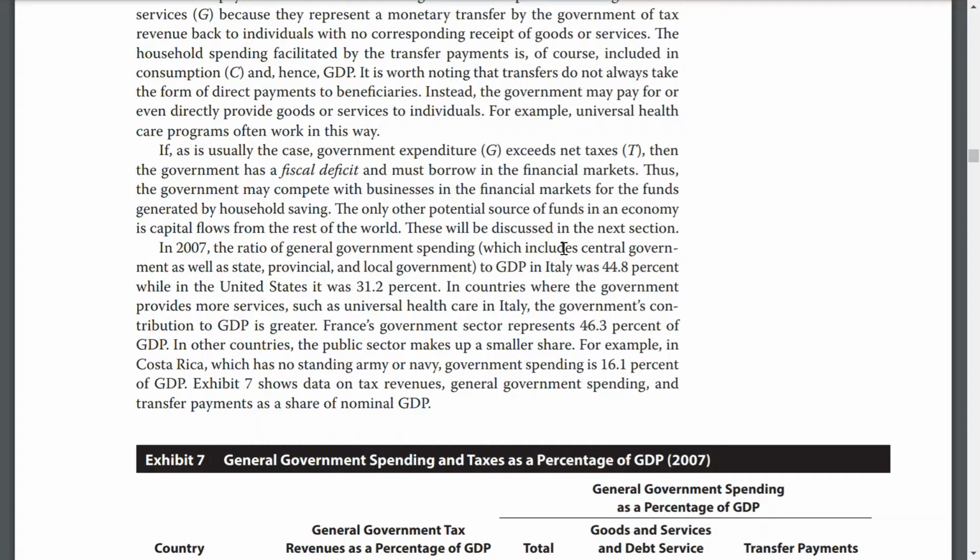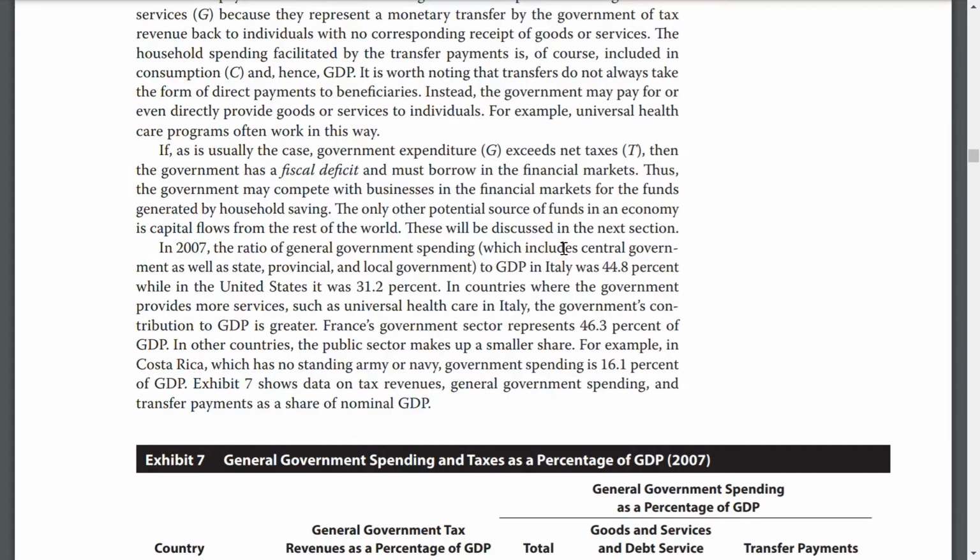France's government sector represents 46.3% of GDP. In other countries, the public sector makes up a smaller share. For example, in Costa Rica, which has no standing army or navy, government spending is 16.1% of GDP.